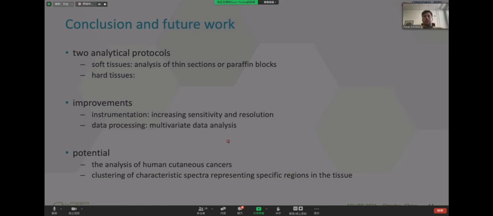So there are some iterative improvements that we have done so far, that we are just iteratively improving the lateral resolution, sensitivity, and then we are getting big data.